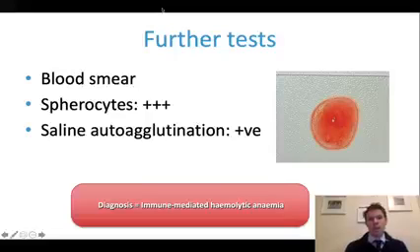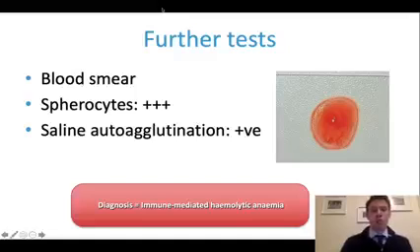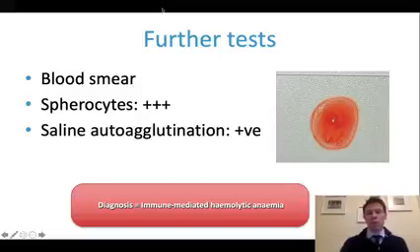Spherocytes are a key indicator of an immune-mediated hemolytic anemia, and when present with either a positive autoagglutination in saline or a positive Coombs test, that's sufficient to give you your diagnosis of immune-mediated hemolytic anemia. So really for that you need a regenerative anemia and two of spherocytosis and autoagglutination or Coombs test positive.